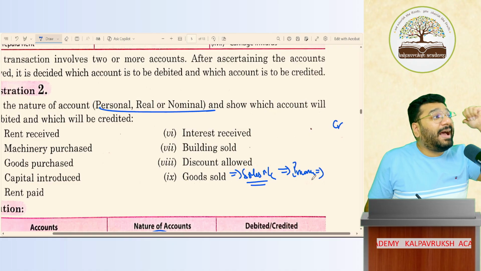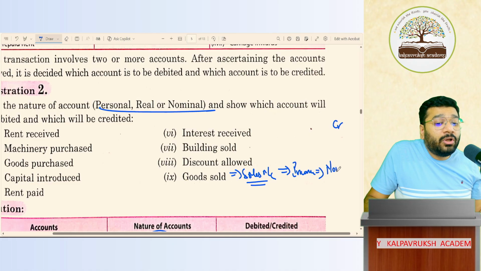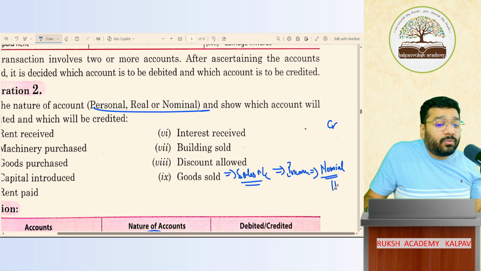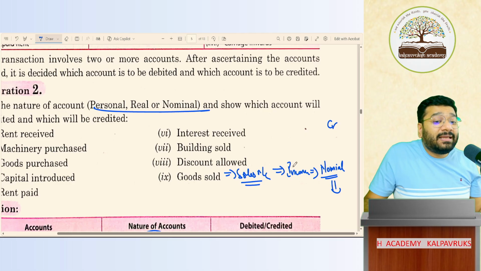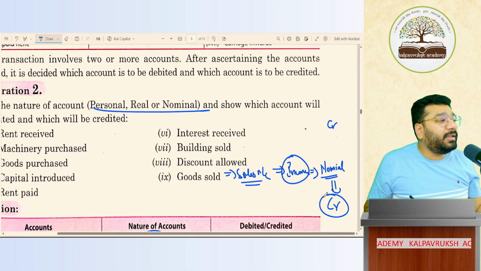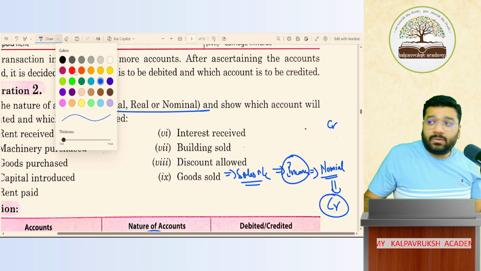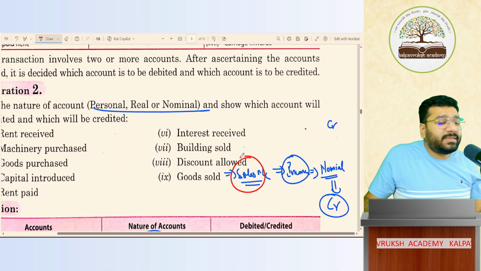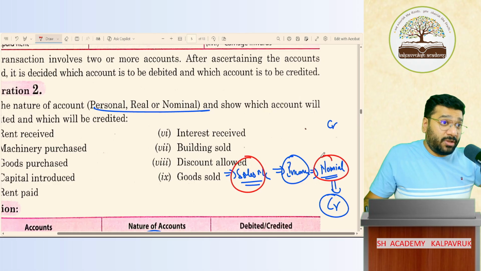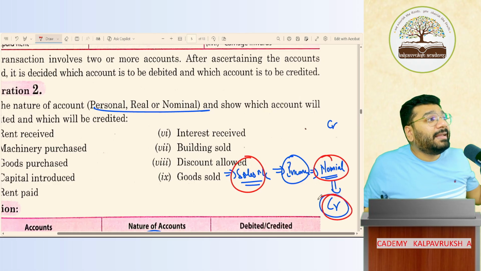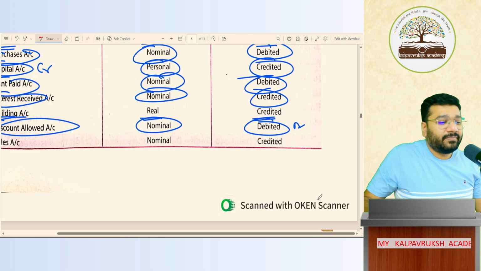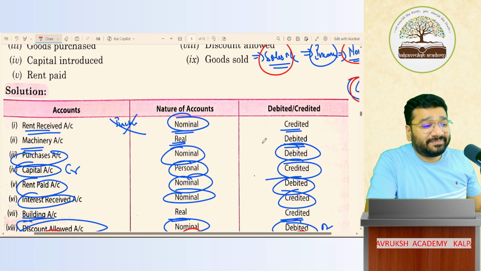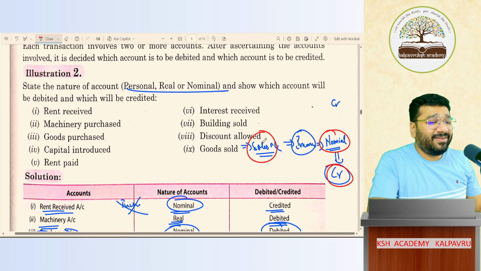All income goes to the nominal account. What is the rule of nominal account? Debit all expenses and losses, credit all income and gains. So the account name is sale, classification is nominal, and it is a credit. Very good.